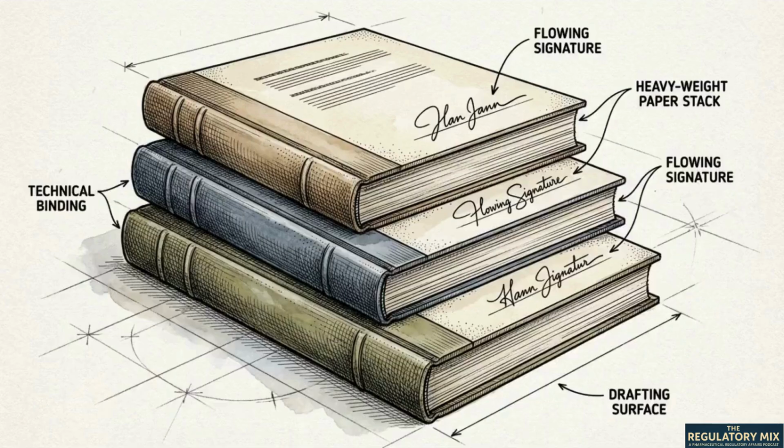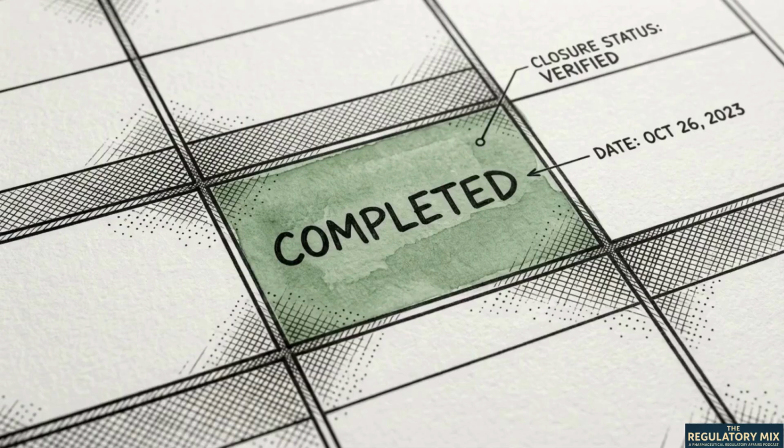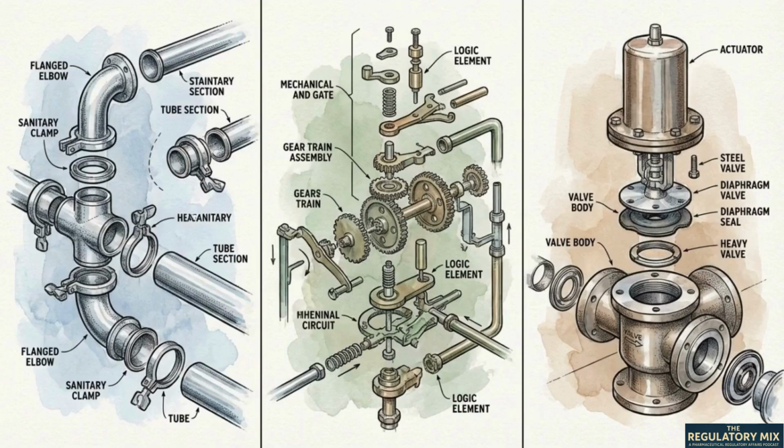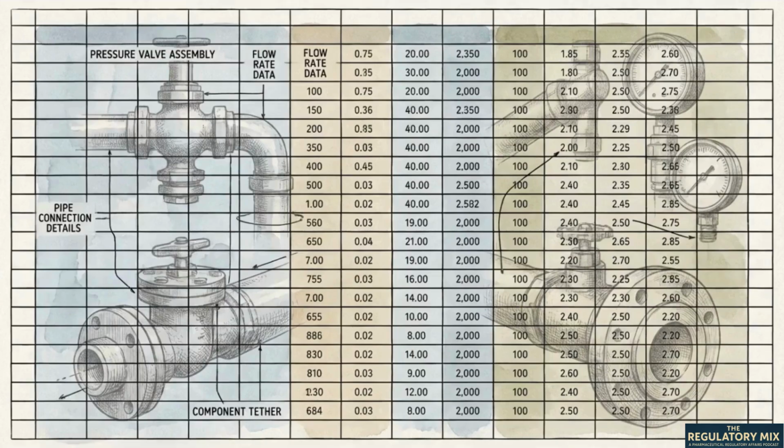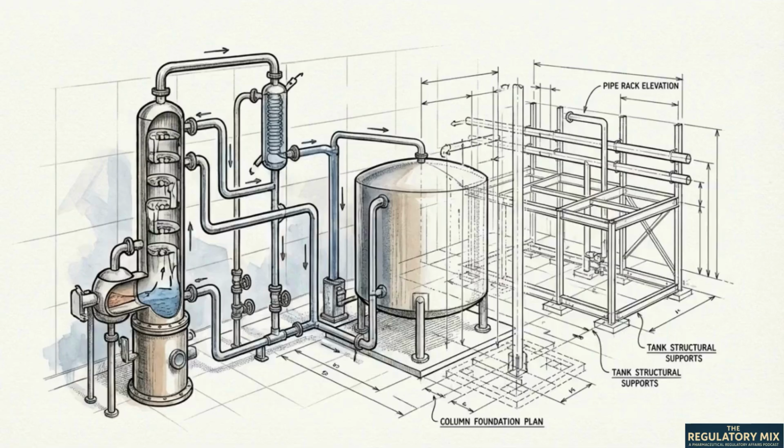Only when the IQ, OQ, and PQ documents are physically signed off does the status of the risk assessment finally change to closed. Every inch of steel, every logic gate, and every valve is tethered directly to a line item on a QA spreadsheet. In pharmaceutical engineering, risk assessment is the structural blueprint of the physical facility itself.